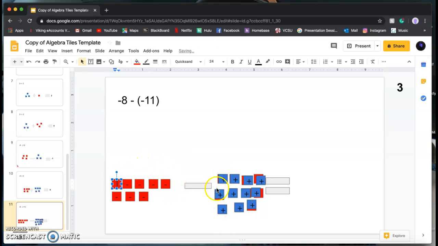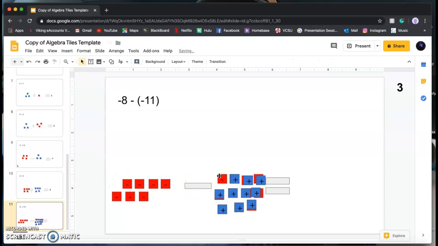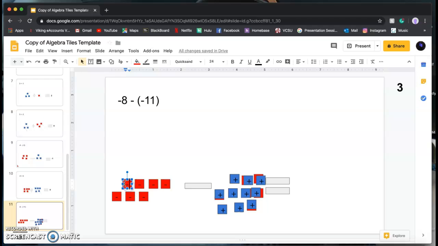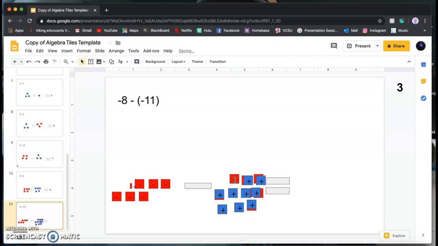Delete that. Then I can delete a positive. So now I have 7 negatives and then 10 positives, but I know I can cancel those out.